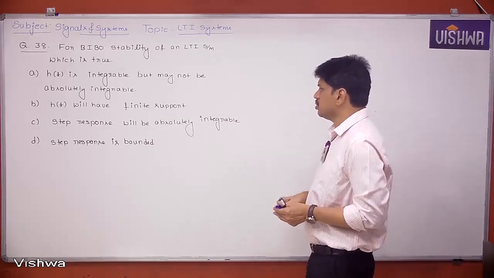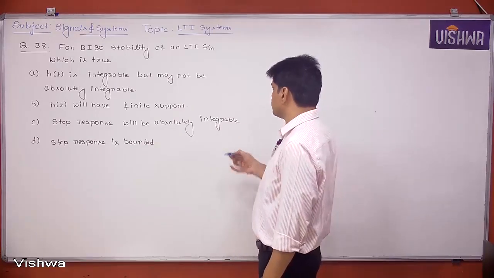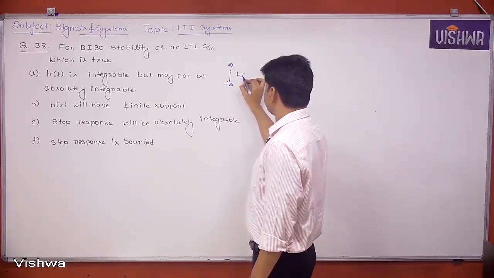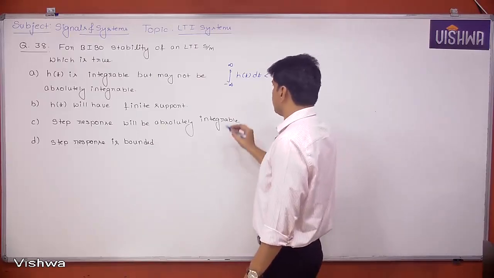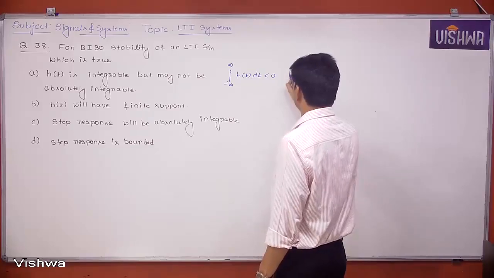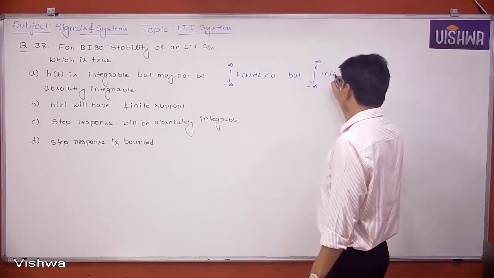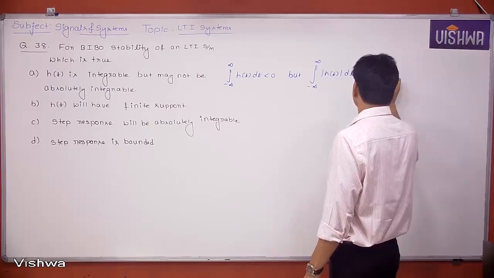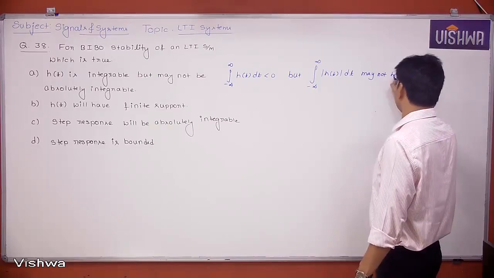Listen here. First option, h of t is integrable but may not be absolutely integrable. That means the integral from minus infinity to infinity of h of t dt is less than infinity, but the integral from minus infinity to infinity of mod h of t dt may not be less than infinity.